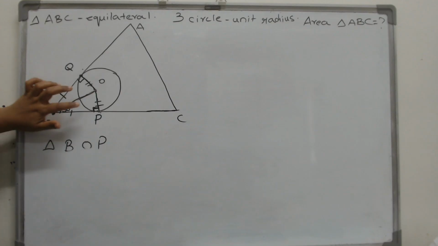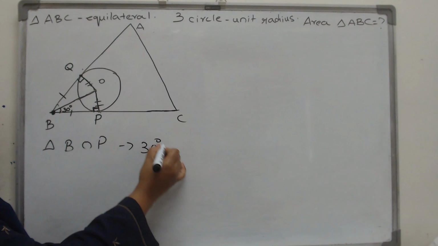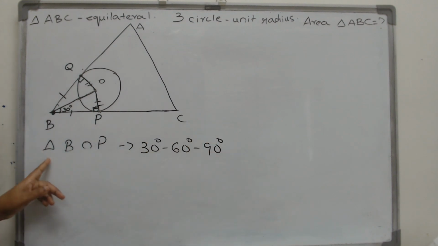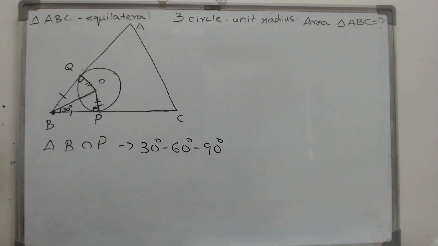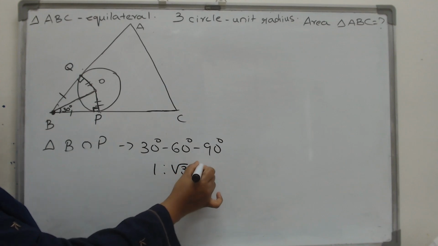A 30 here, a 90 here, which means the third angle is going to be 60. In other words, triangle BOP is a special triangle. Its angles are 30, 60, 90, which means the ratio of the opposite sides is going to be 1 is to root 3 is to 2.